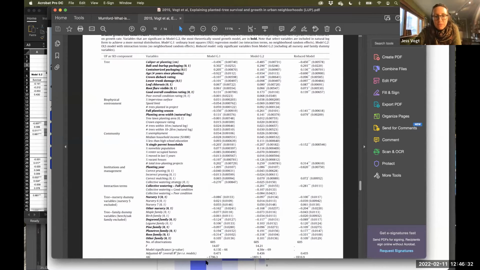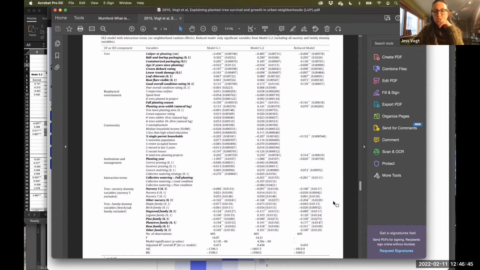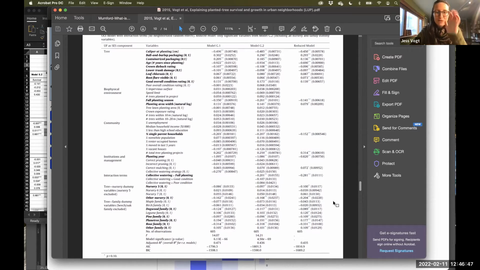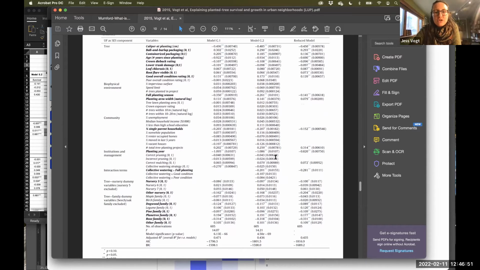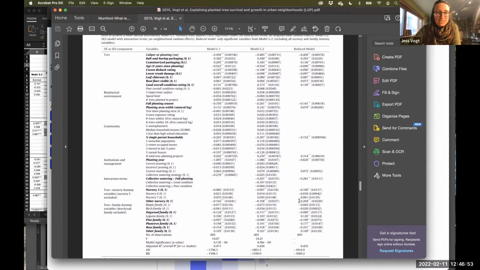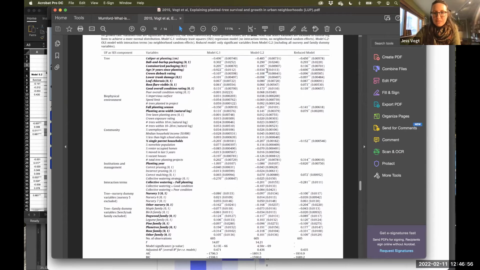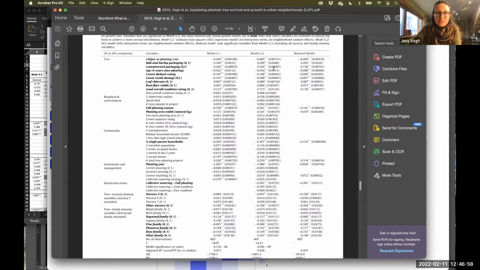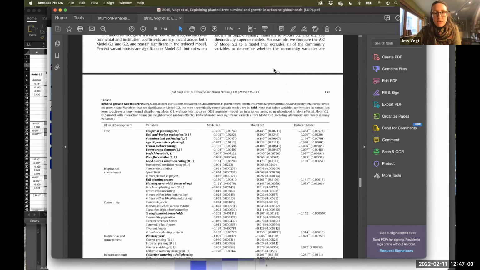We have one model without interaction variables, interaction effects, and then one model with interaction effects, and then a reduced final model based on, I forget which method we used to determine which, this was 7 years ago, so forgive me for not remembering every detail of the analysis. So we have this big old honky looking table with all the results, 3 decimal places, standard errors. It's just like, okay, that's a lot.